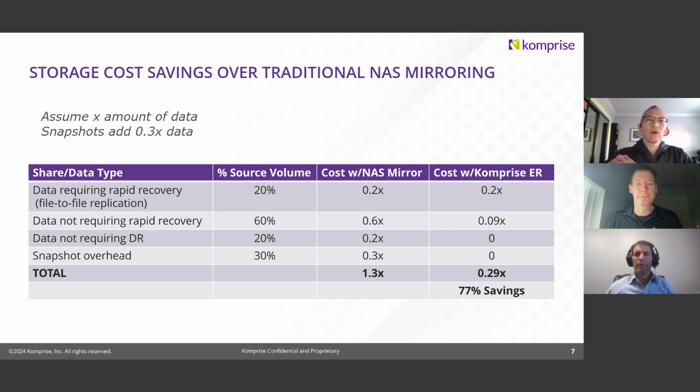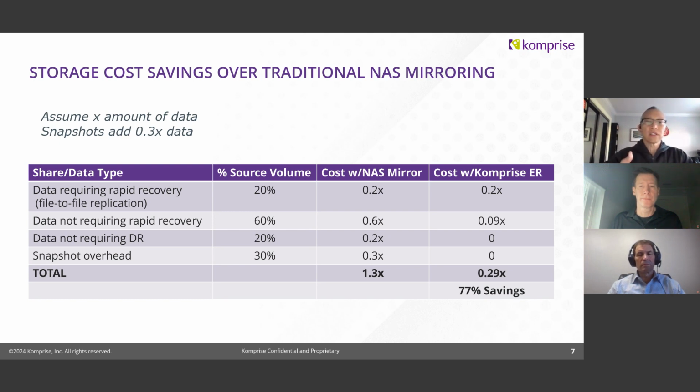The second row is data that's sort of non-mission critical, maybe today is not even covered. It's not even protected. And so this kind of data that's not requiring rapid recovery, but you would still like to have disaster recovery copies for, makes up the bulk of the data, maybe 60% or so. And again, if you were to use your NAS mirroring solution on that, you're looking at 0.6x, duplicating the hardware again with the NAS mirroring solution.